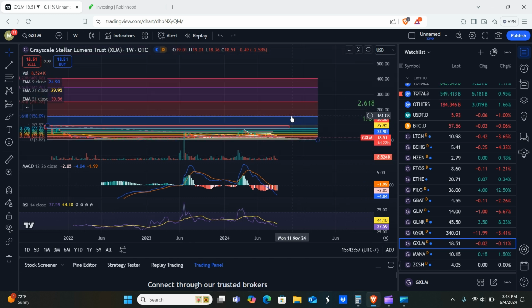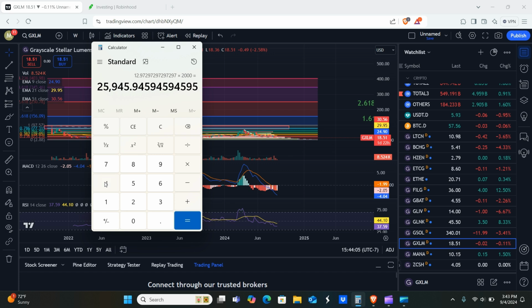So we got 160, 250, 345, and roughly about 400 here. So we're looking at maybe like a 20 something X on this. Whoops. Okay, that's definitely way off.